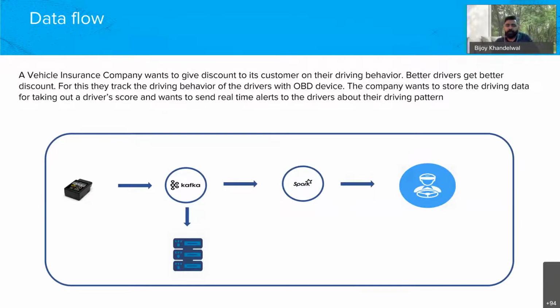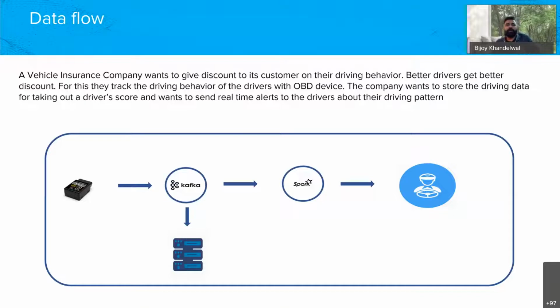One is the storage. Now this storage will be used for building a model to work out the driver score. On the other side, it also pushes data to Spark so that real-time analysis can be done. And if there's a rash driving alert, that alert can be pushed to the driver in real time. The moment he makes a mistake, within milliseconds or seconds, he gets that alert.